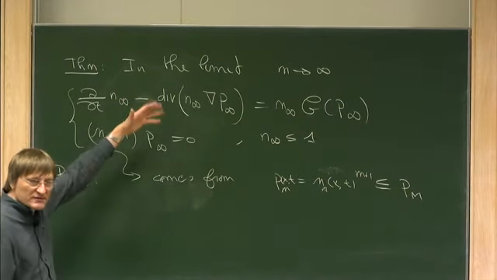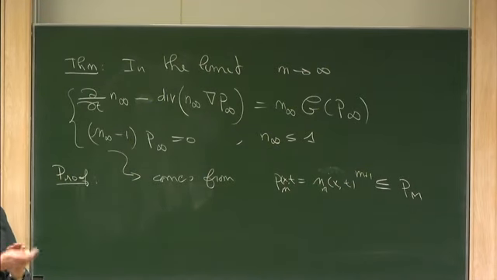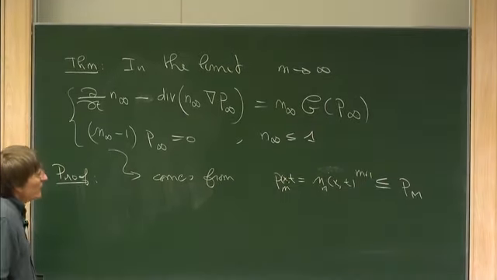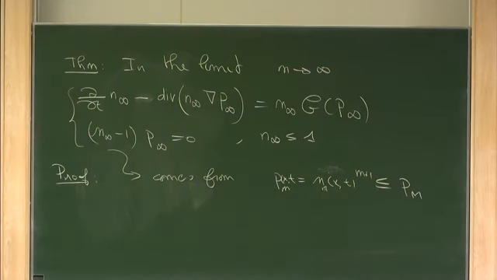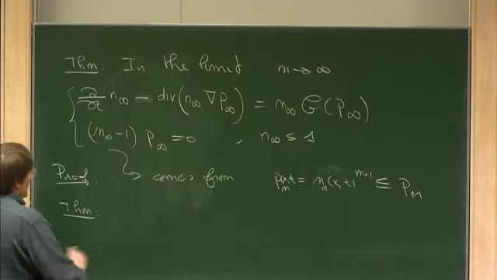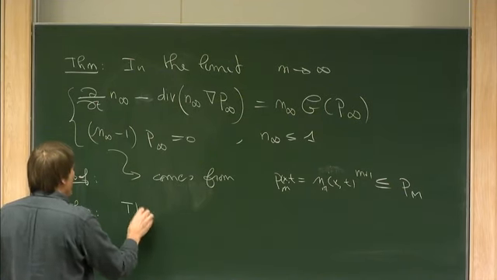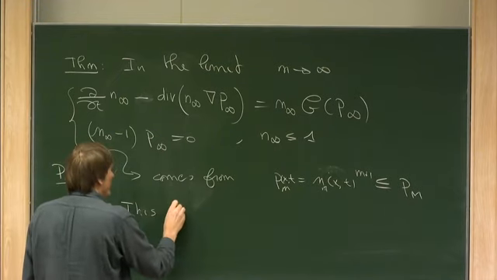So we have to understand this problem, which is not very clear. It seems to be underdetermined because this is too weak. The really surprising result is the second theorem, which I will not prove, which is that the solution is unique. We call this a weak formulation of the Hele-Shaw problem.